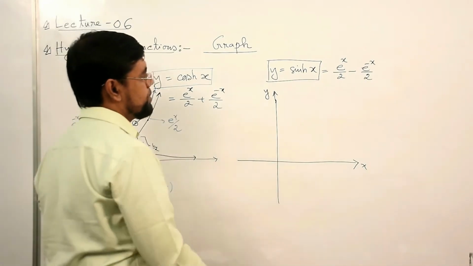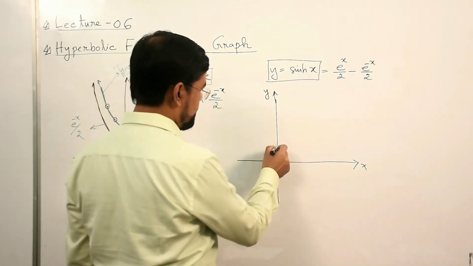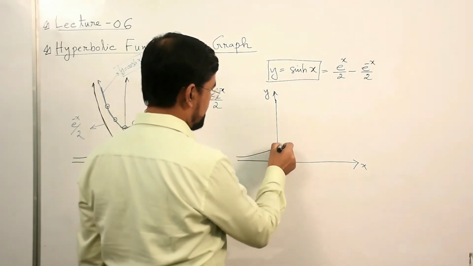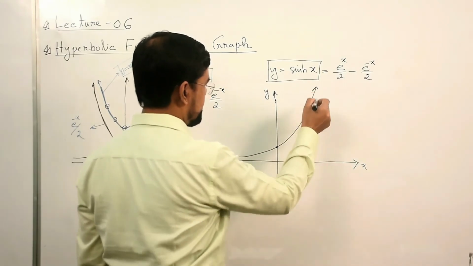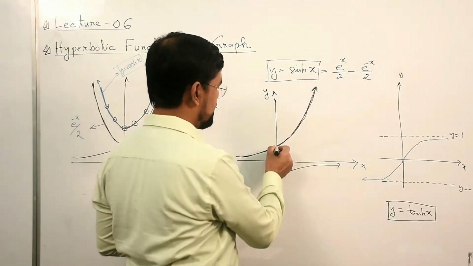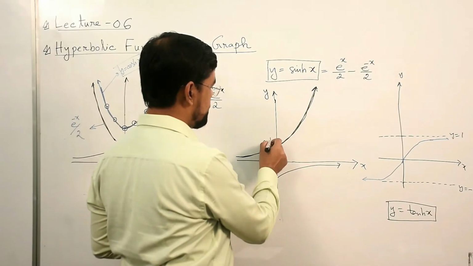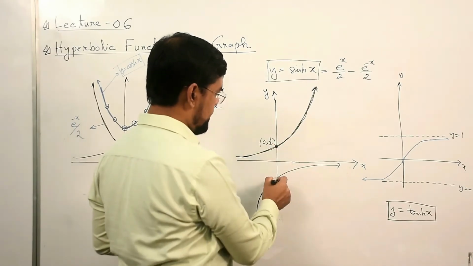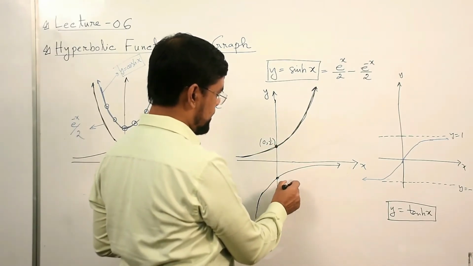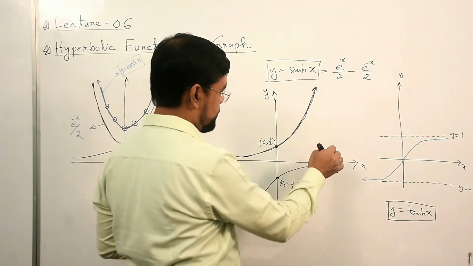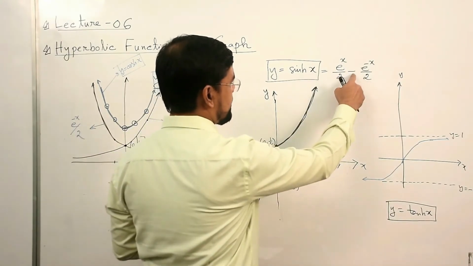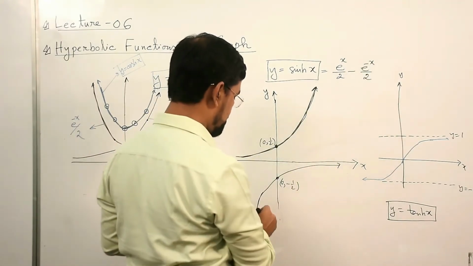The graph of e to the power x over 2 will be the same as what we drew before, and the coordinate of this point is (0, 1/2), and this one is (0, -1/2).